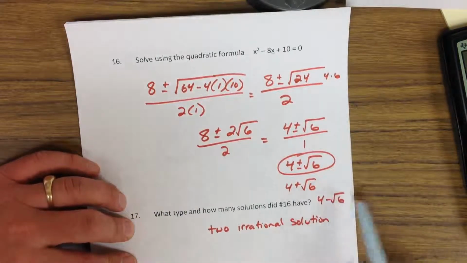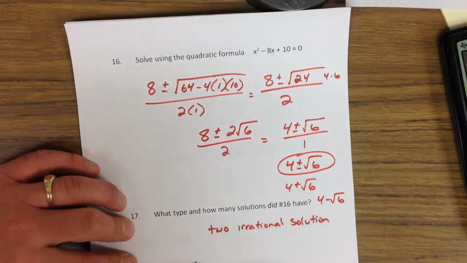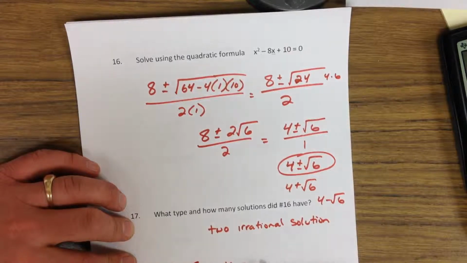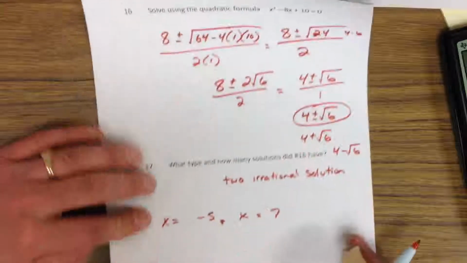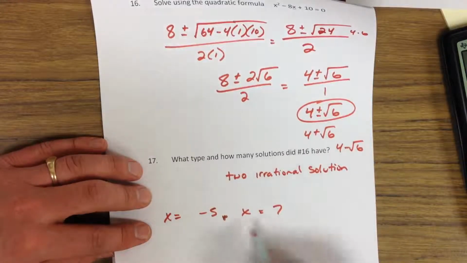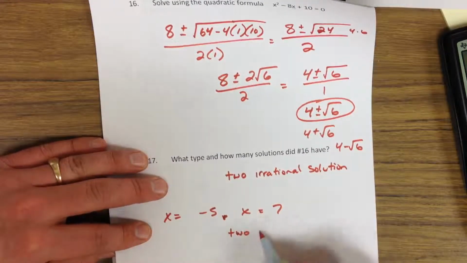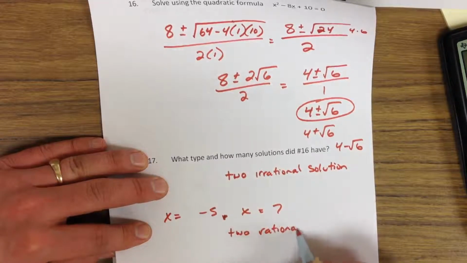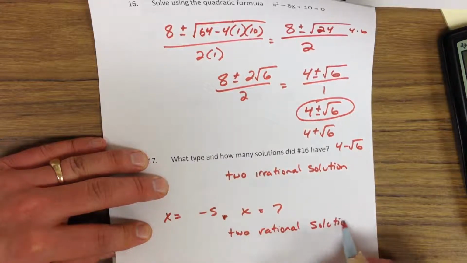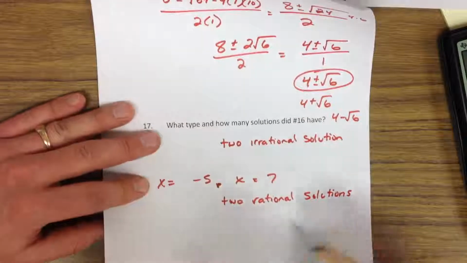Okay, if this came out as, let's say, x equals -5 and x equals 7, those two would be two rational solutions. Okay, so irrational.